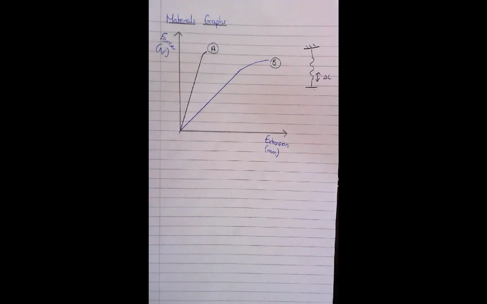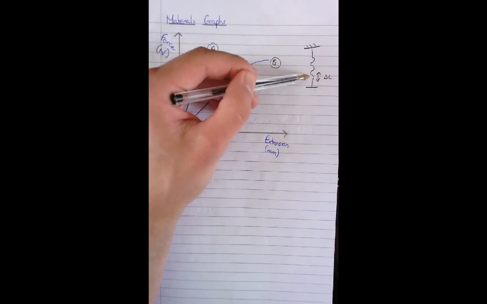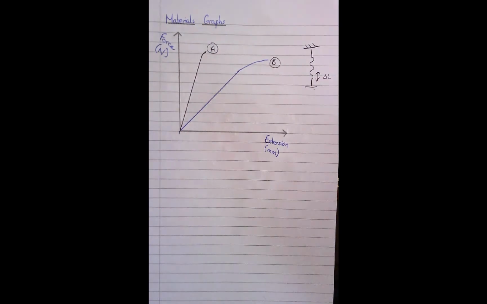Now, to plot a force extension graph, this doesn't necessarily need to be a spring, like what you did at GCSE. It could be a length of wire, it could be an elastic band, it could be any material, because last lesson we saw that any material made up of atoms bonded together can be modelled as a collection of springs in parallel and series, so can be modelled as a spring.